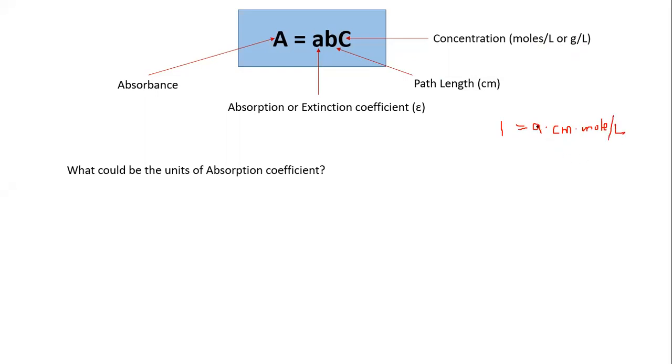Now, if I want to solve this equation for a, what should I do? I should take this entire quantity here, correct? So if I take the entire quantity there, then the units for a will be centimeter inverse.